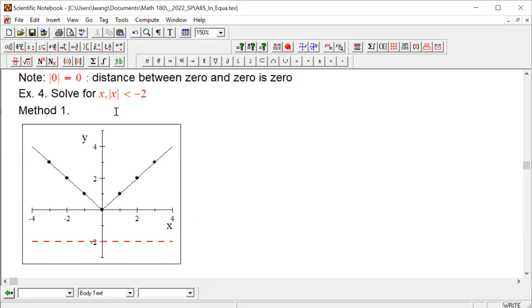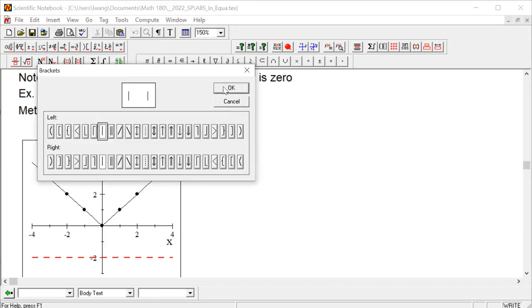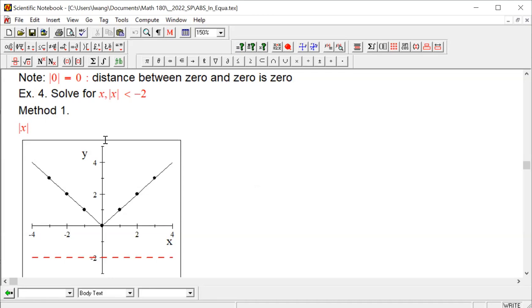Now, from the domain and range perspective, the absolute value of any real number is going to be at least 0 for any real number x.